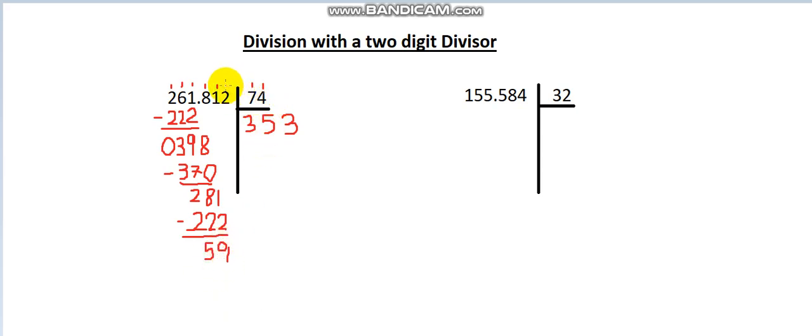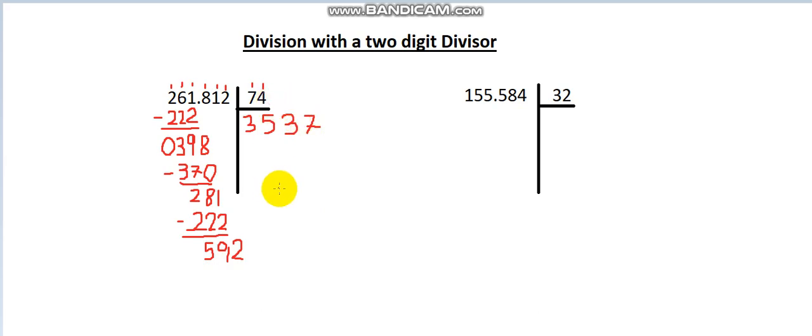Yes, it is. So I can continue to the next step and pull down this 2. And now I ask myself, how many times does 8 fit into 59? I ignore the last digits. I ignore the ones, pretend that there's 0. So how many times does 8 fit into 59? And the answer to that is 7.